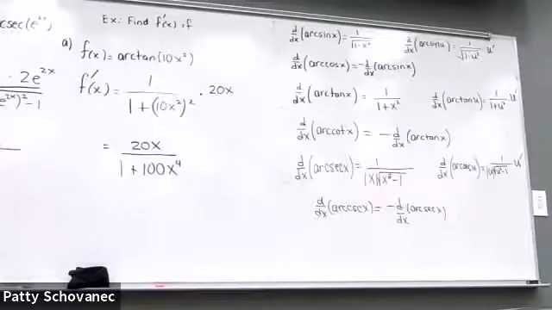Downstairs, I have an e to the 2x. What do you get when you square e to the 2x? Raise a power to a power: e to the 4x. Let's multiply exponents. And then this is a common factor, you can cancel it. And so you just get 12 over the square root of e to the 4x minus 1.